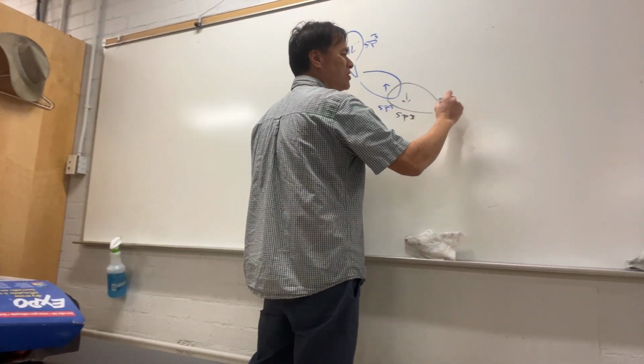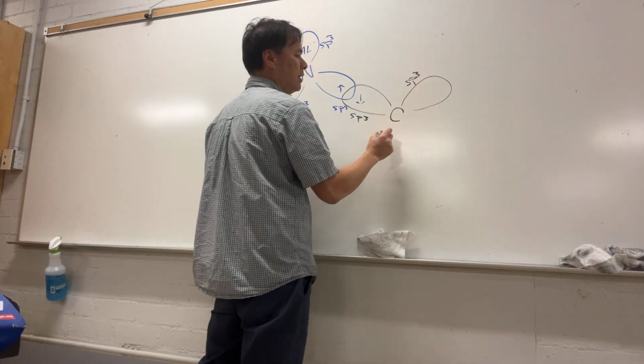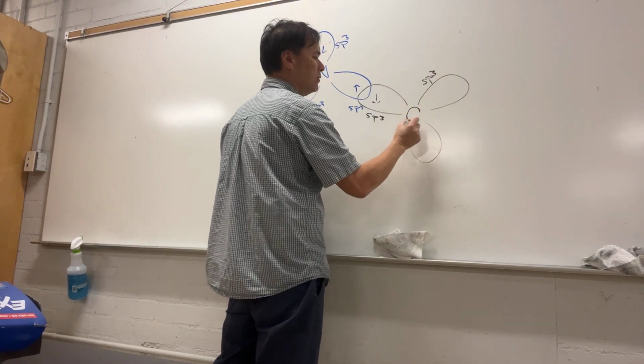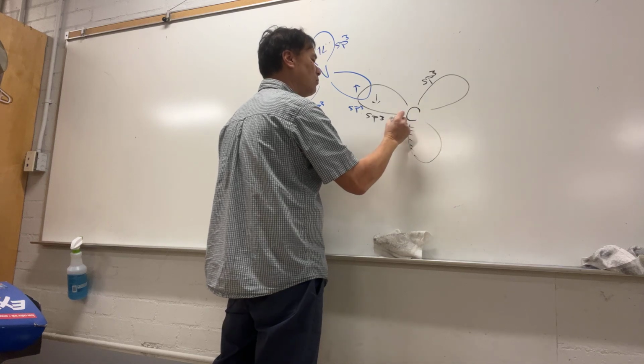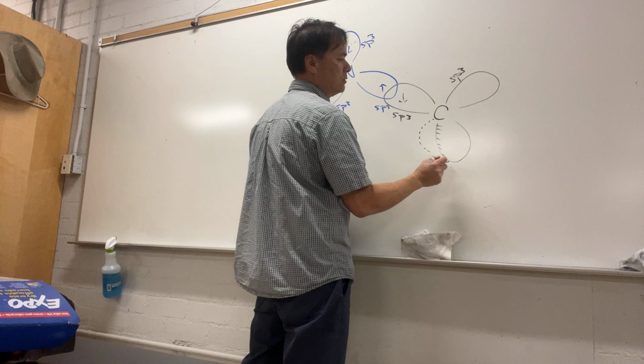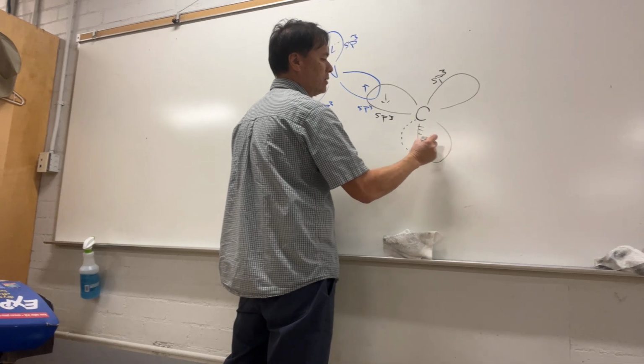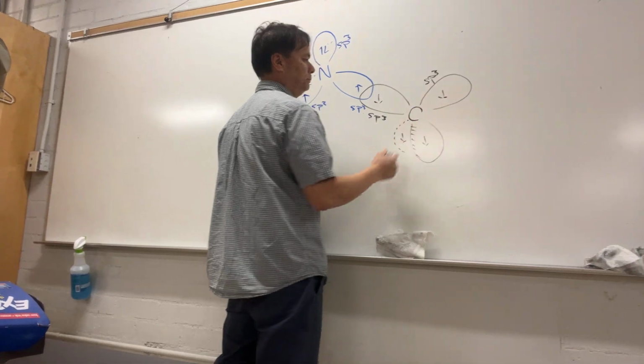Okay, in this configuration, I have these 2 sp3 orbitals in the plane, like this. And then I have one sp3 orbital coming out, and then one sp3 orbital going in to the plane. So these, I'll just make them all spin down.